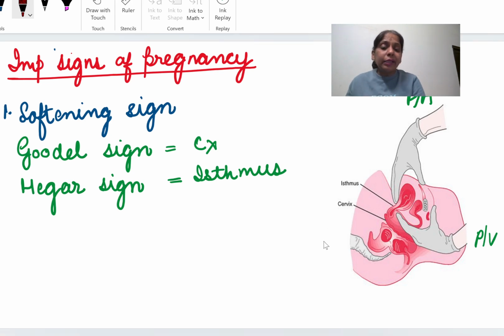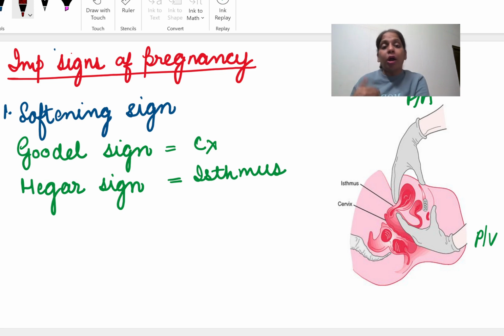Here in the image, the doctor is eliciting the Hegar sign. Hegar is softening of the isthmus, and Goodell is softening of the cervix. How will we remember that Goodell and Hegar are softening signs? We always say that whenever we want to pass good stools, the stools have to be soft.